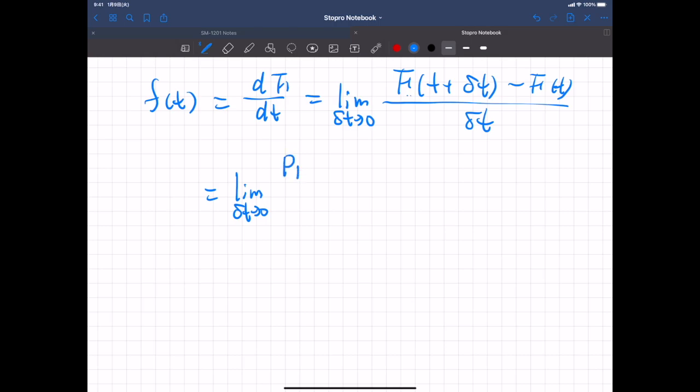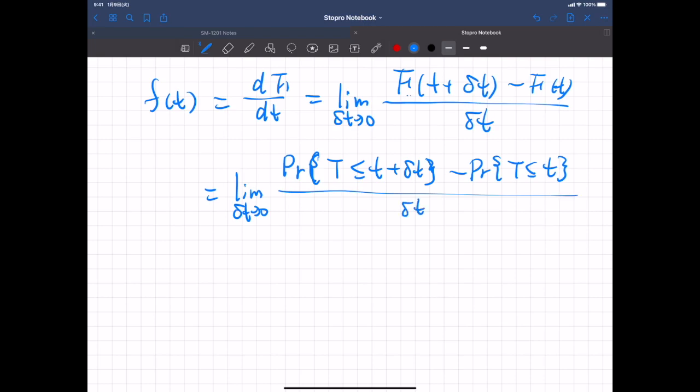That will be the probability that this time to failure T is less than or equal to t plus delta t, minus the probability that it is less than or equal to t. But if you compare these two probabilities, it is just the probability that the time to failure is greater than t and less than or equal to t plus delta t.